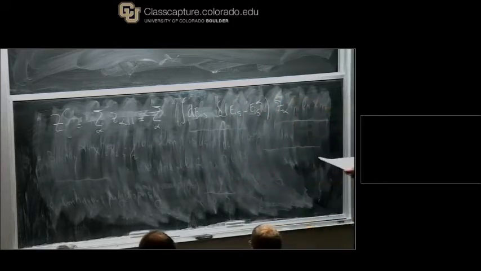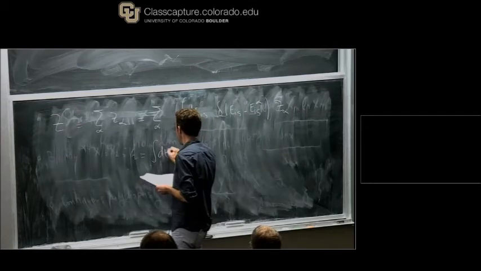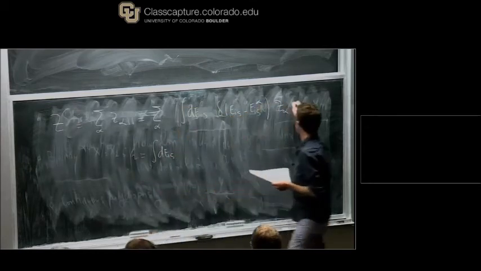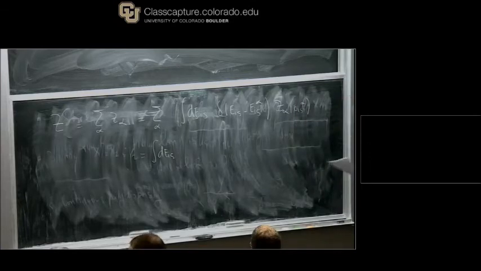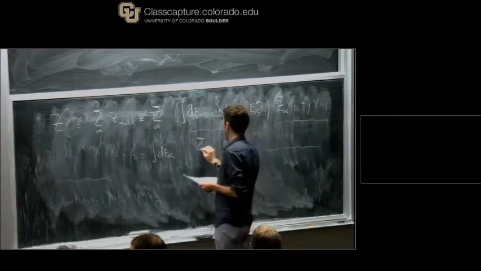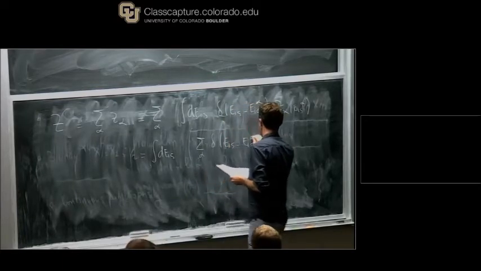I just introduce 1 by this delta function, and I invert to introduce the density of states. So this is the integral dE_IS, the sum over alpha of delta of E_IS minus E_IS of alpha.